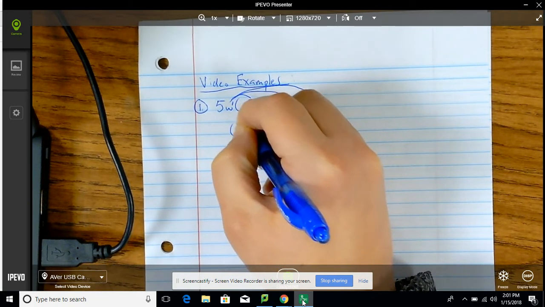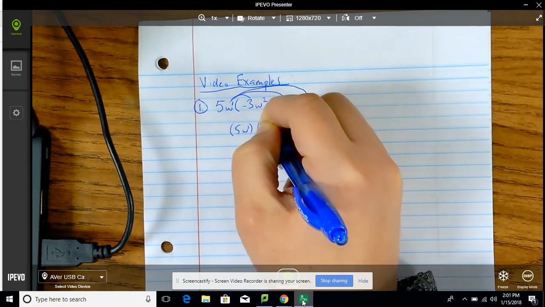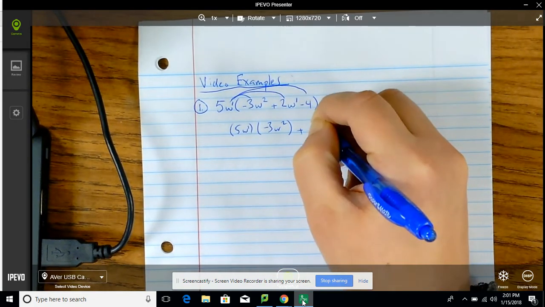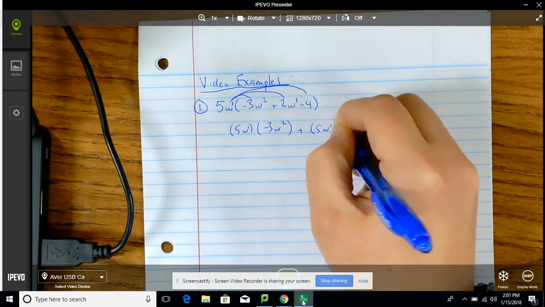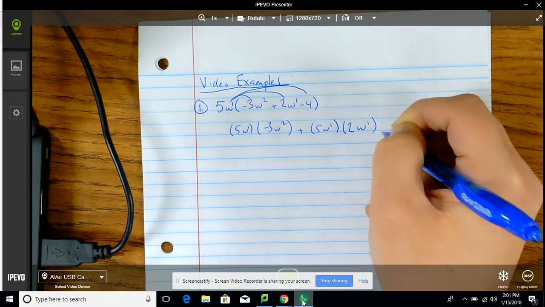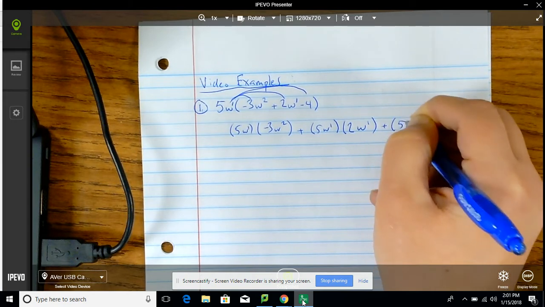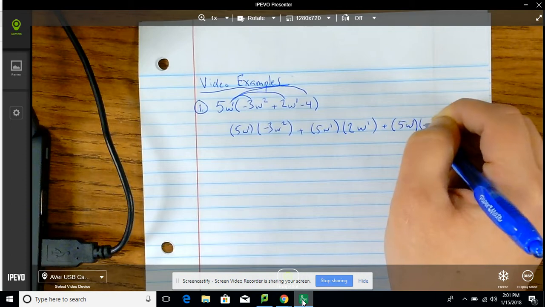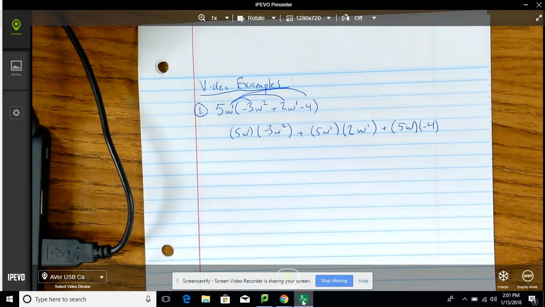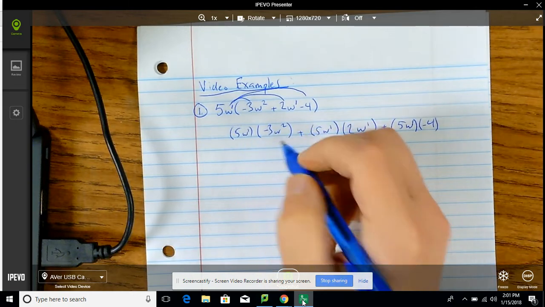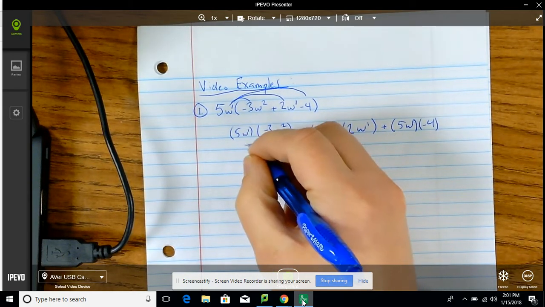So we're multiplying 5w times negative 3w squared plus 5w times 2w to the first plus 5w to the first times negative 4. Okay, so multiply 5w times negative 3w squared, that's negative 15.